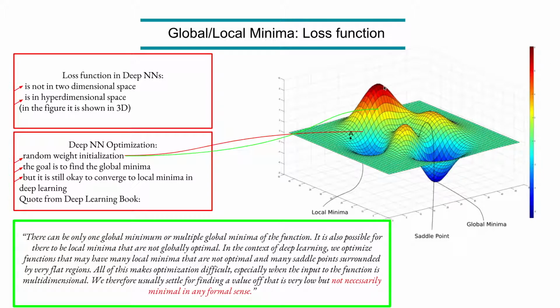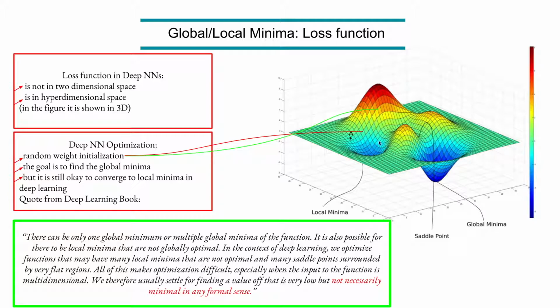Here, this point is the global maxima. This is a local minima, and this is the global minima. And there can be a lot of local minimas as well. Usually the loss function of a deep neural network does not lie in two-dimensional space. There may be 100 or 1,000 or maybe more dimensions.